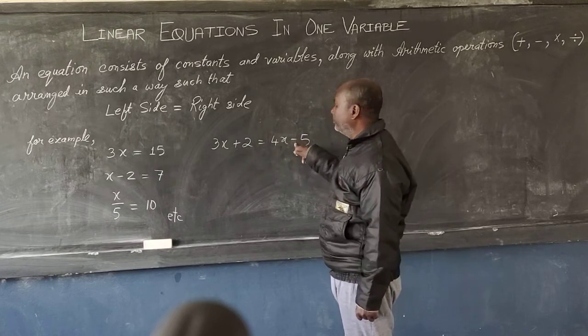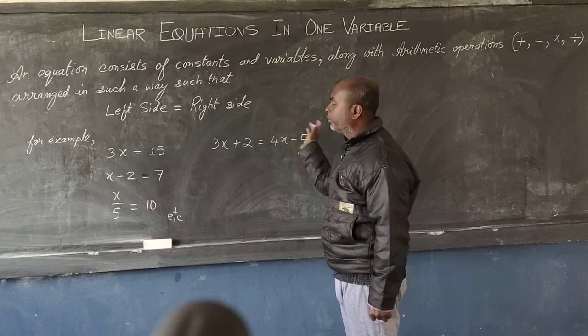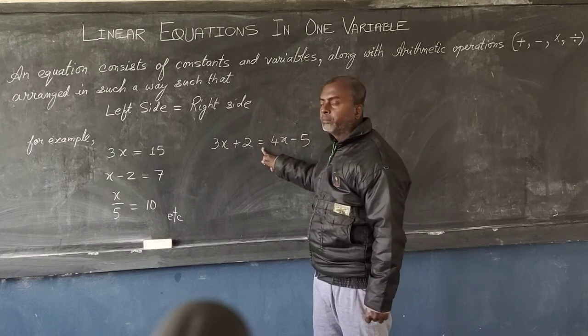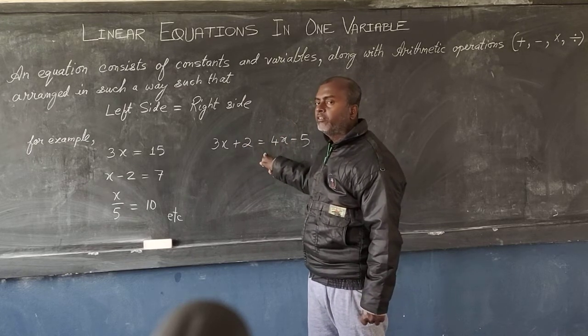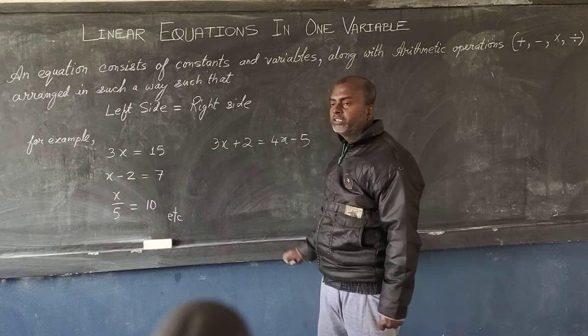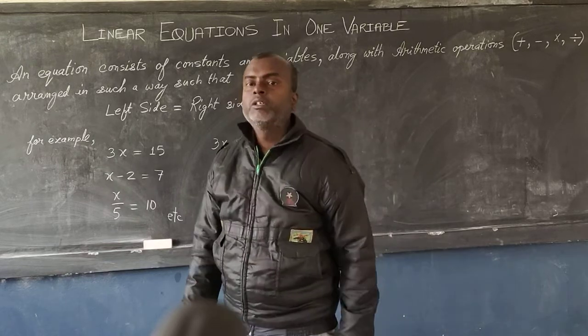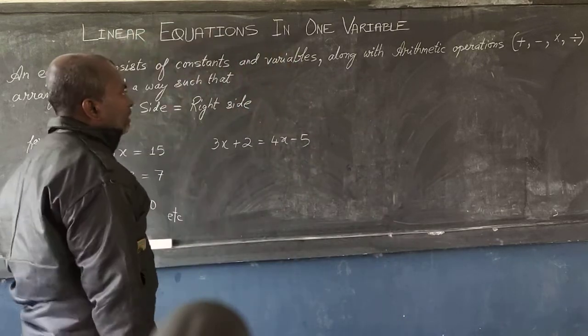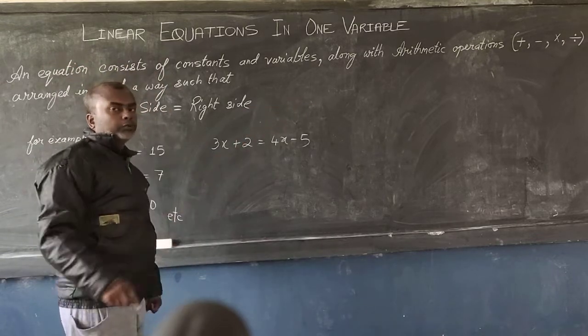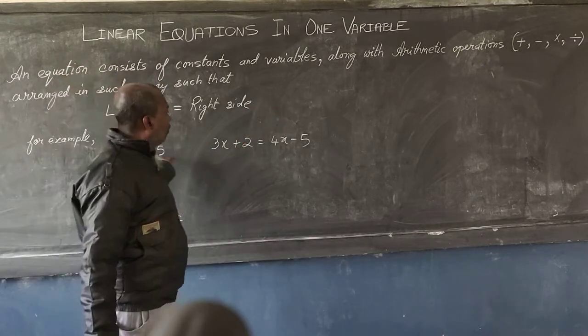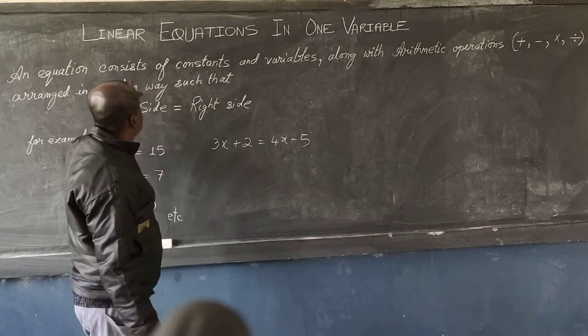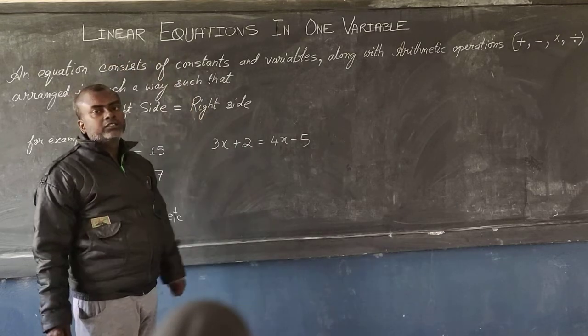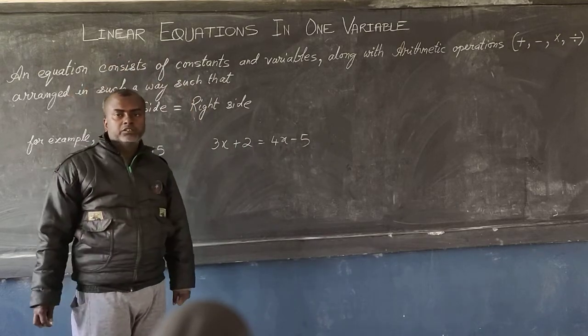Plus sign here in between, minus sign here in between, and the whole thing is separated by an equal to sign right in the middle. So this is called an equation, and it is called linear. Linear means in one line, it follows a particular line. So all these are given in one line, so they are called linear equations. I hope this is clear.